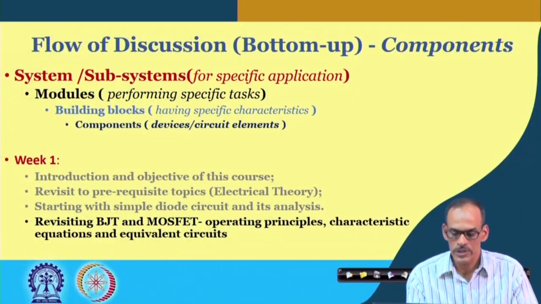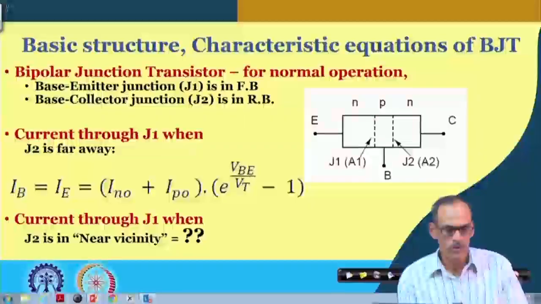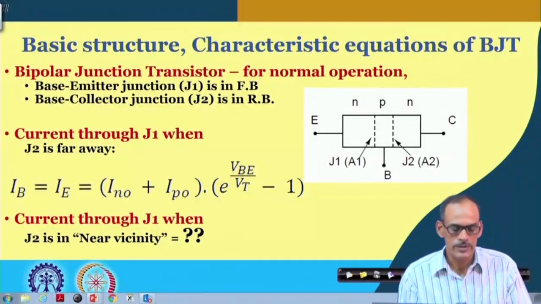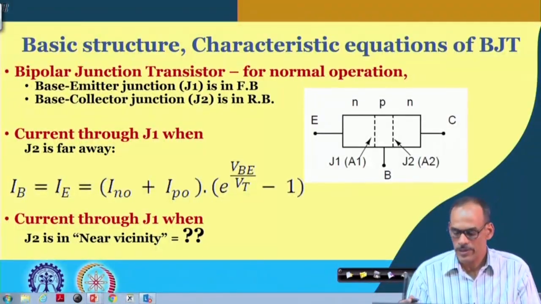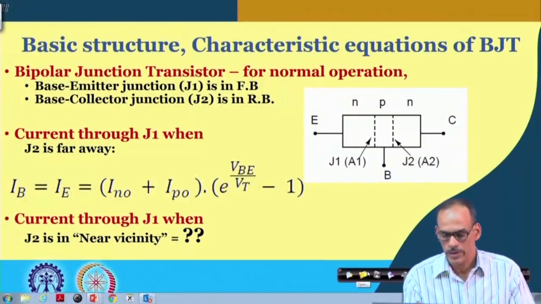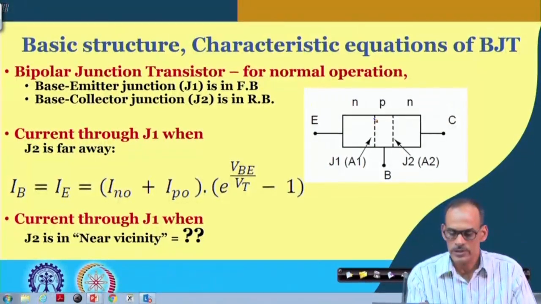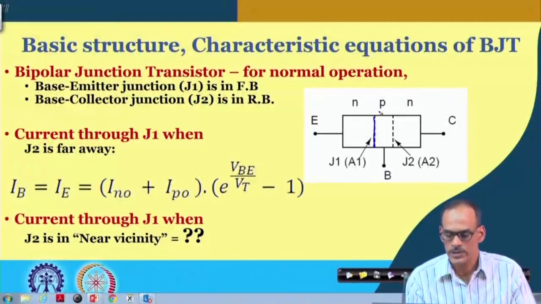If you see the BJT, as you may be aware from semiconductor device, it has a basic structure with two junctions, say for example an NP junction and then a PN junction.